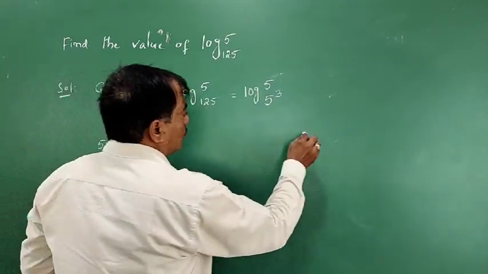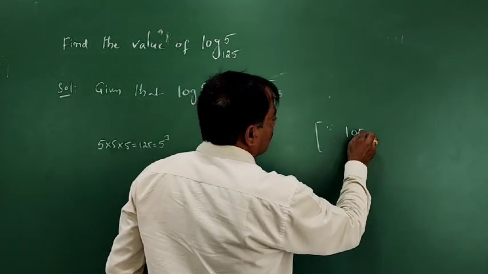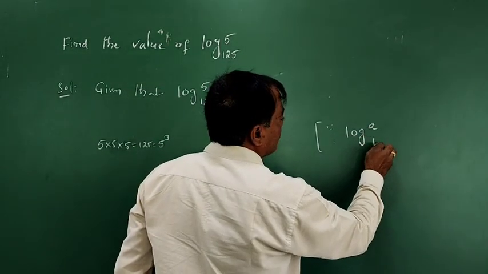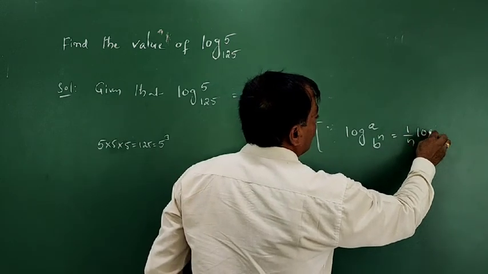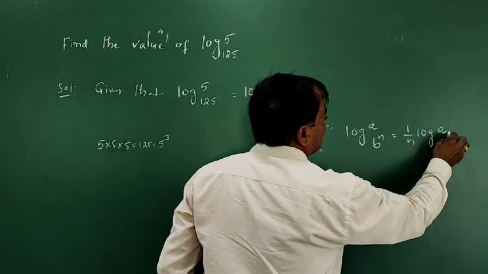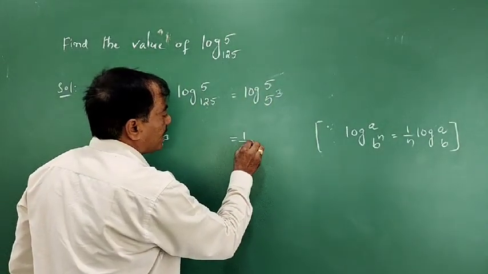Now we know one of the properties: log a to the power of n, to the base b, equals 1 by n log a to the base b. By using this property, this logarithm can be written as 1 by n.